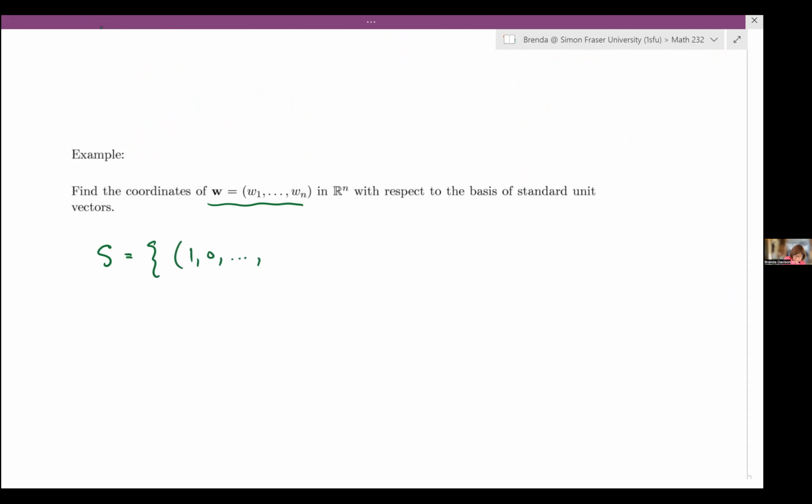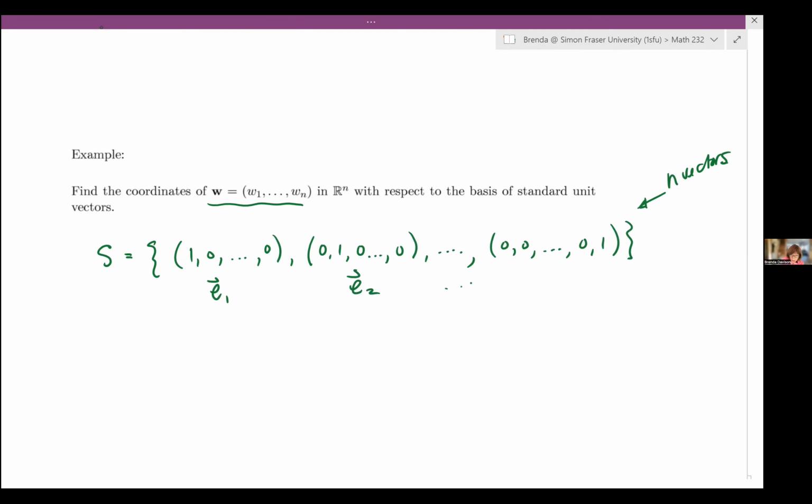This is in Rn, and there will be n of them. Let me just say that there's n vectors. And we call the first basis vector E1. We call the second one E2, etc., until we get to the last basis vector, En, the standard basis vectors.